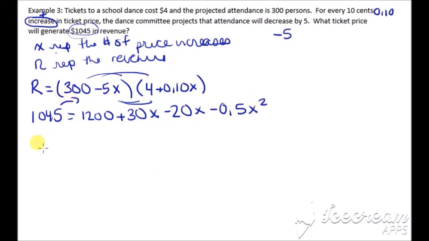Let's bring this 1045 over. And while we bring it over, I'm going to put these in order. Negative 0.5x squared. Let's collect these two terms in the middle, so plus 10x. And then we're going to have 1200 minus 1045. So I get 155. So plus 155.